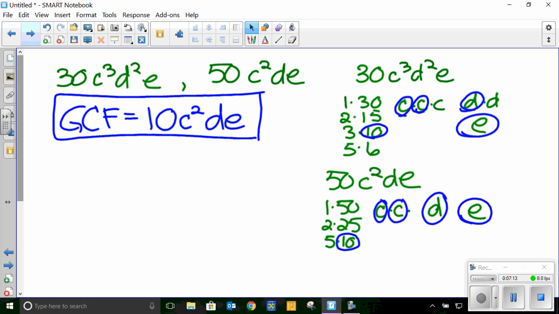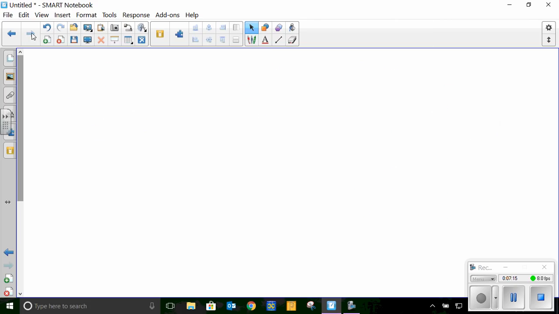Okay, one of the things also that we're going to start doing is sort of undistributing, is kind of how we're going to call it. So this is undistributing to factor out.